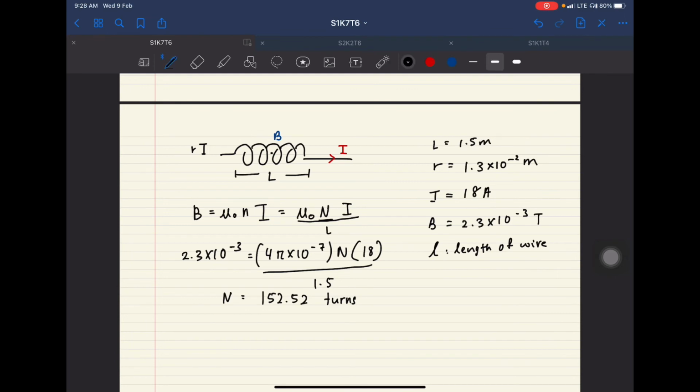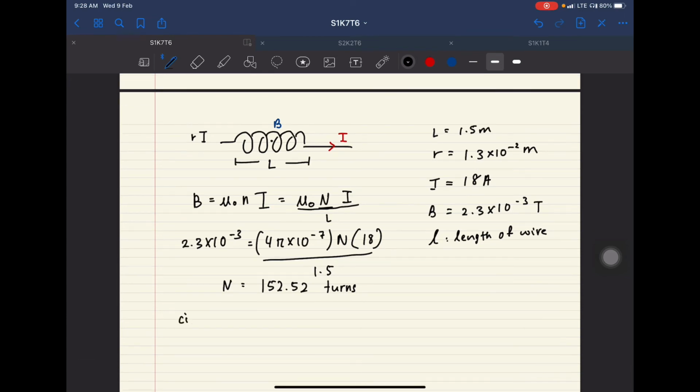To calculate that, I can calculate the circumference S, which is equal to 2 pi r.